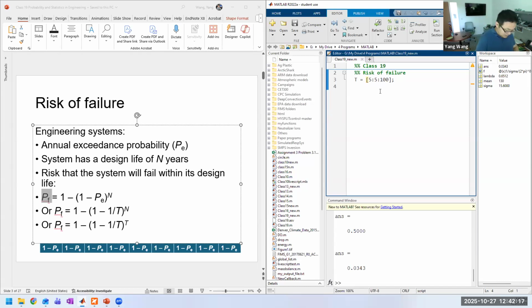Okay, so if you plug in the specific values of t, right? It will be 1 minus (1 minus 1 divided by t) to the power of t. Okay, so then we can plot t and pf. You see how it looks.